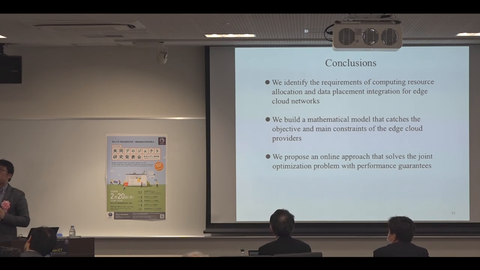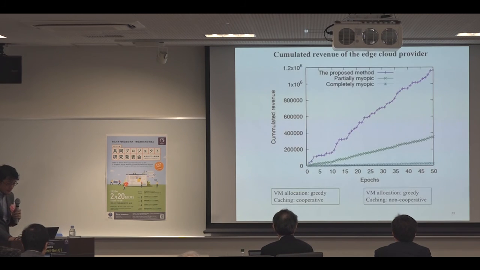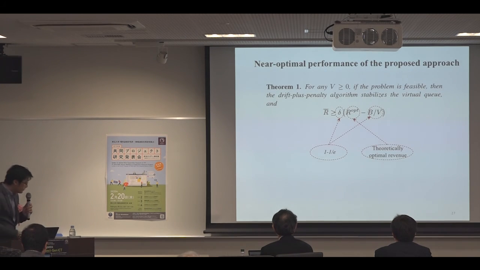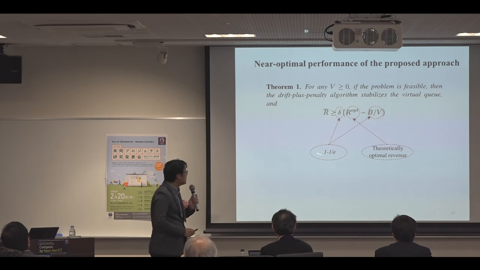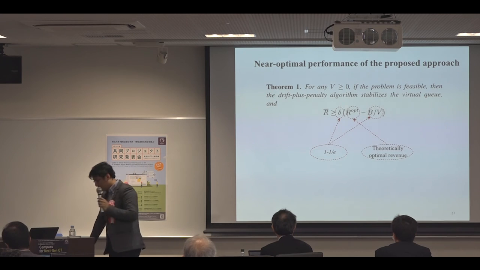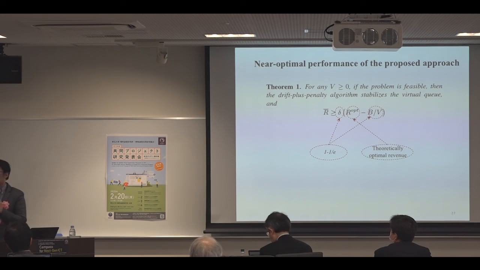And how close is your result to the optimal result? Okay. Actually it is 1 minus 1 over e, around 60%. Also very close to the optimal. Yes, so we have to say it's not a bad solution.